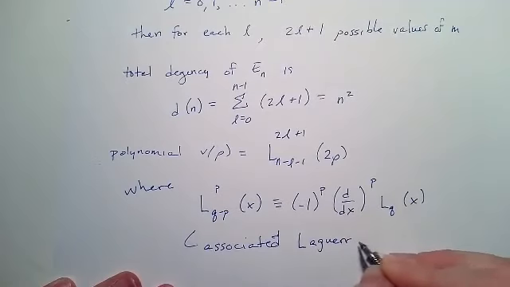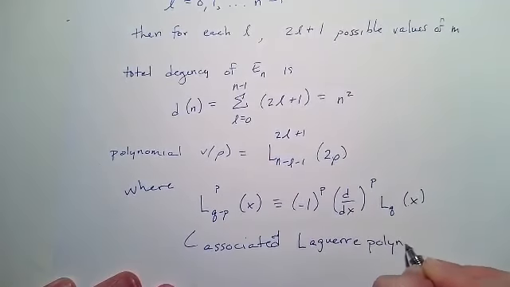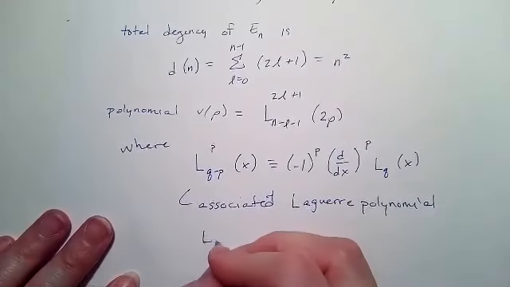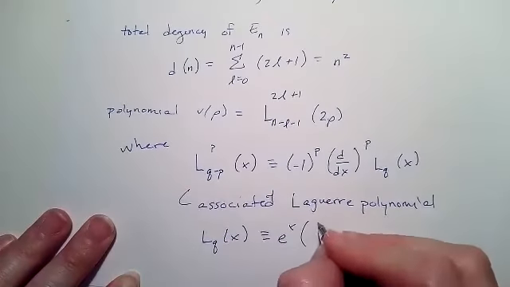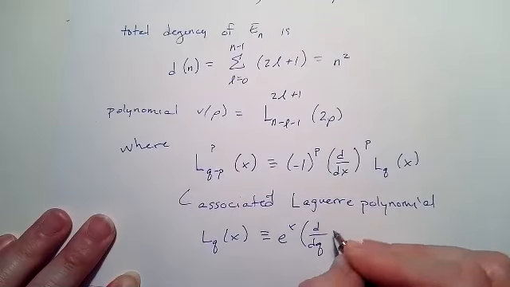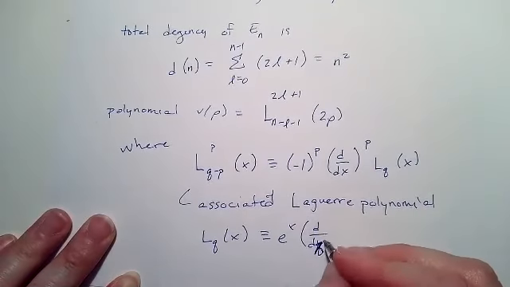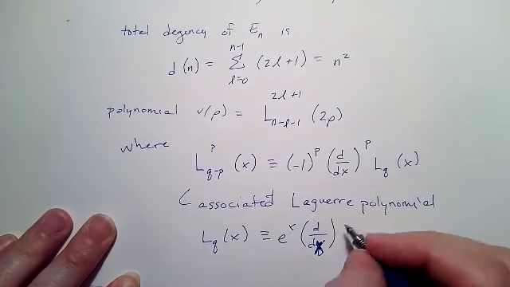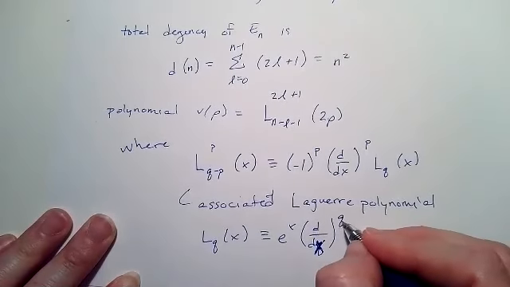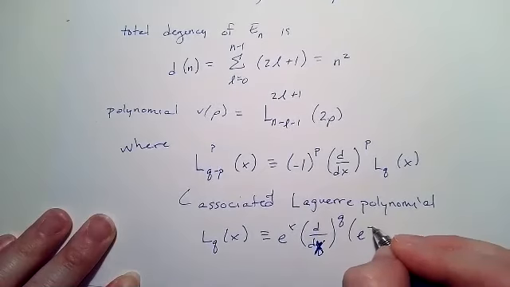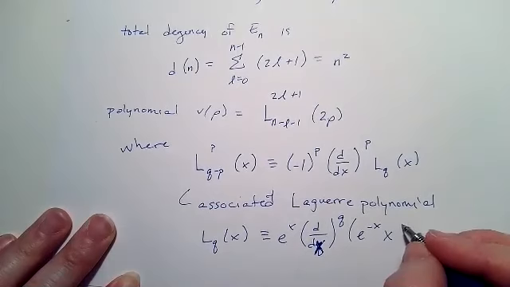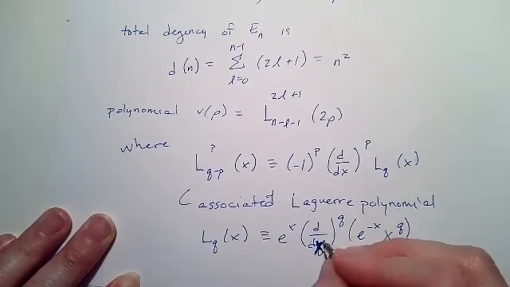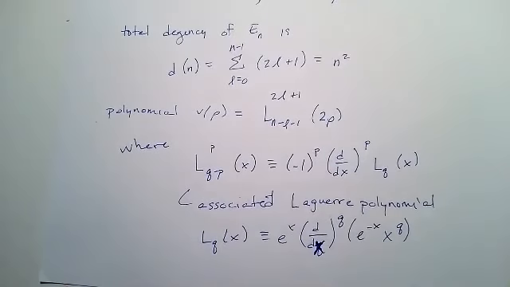So these are Laguerre polynomials. And they are defined in this way. Oops, that should be a dx. So this should be an x here, not the q I originally wrote.